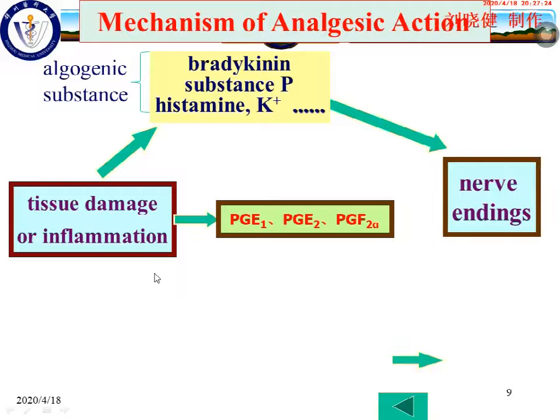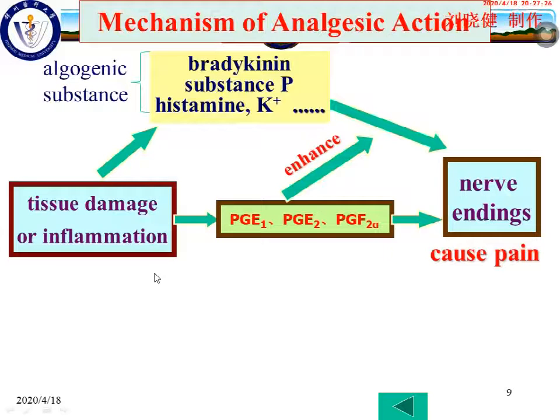Actually, when the tissue has damage or inflammation, algogenic substances such as bradykinin, substance P, histamine, and plasma ions can be released from the tissue damage or the local area of inflammation, and act on the nerve endings to cause pain.